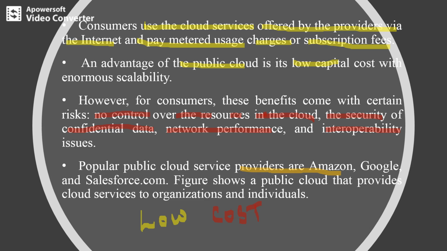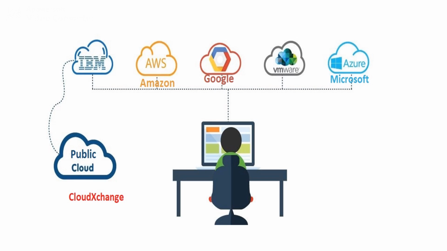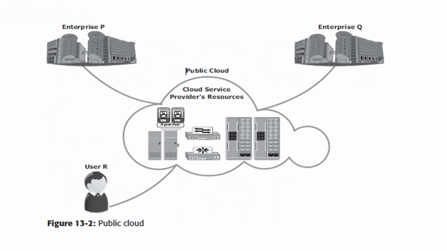The figure shows the public cloud that provides cloud service to organizations and individuals. As I mentioned before, we have service providers like Amazon, Google, VMware, Azure and Microsoft. These are also examples of public cloud.